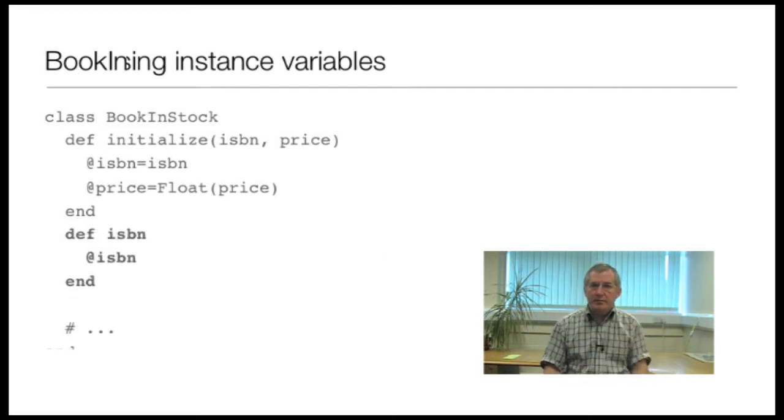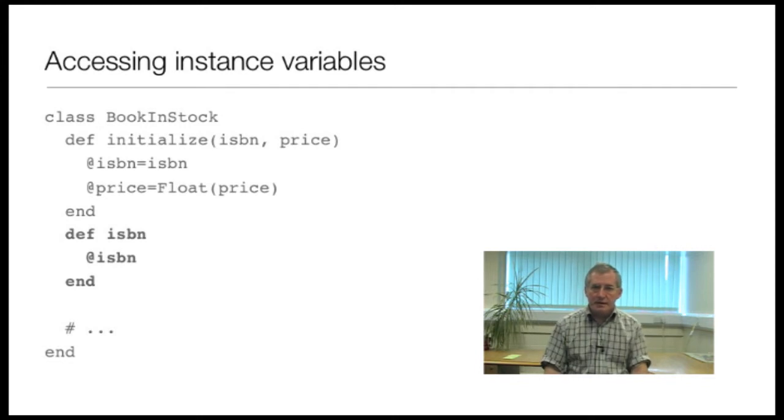So the first thing we would want some other object to be able to do is to access the instance variable. So @isbn refers to the instance variable, but it doesn't tell us how to access the value of that instance variable.